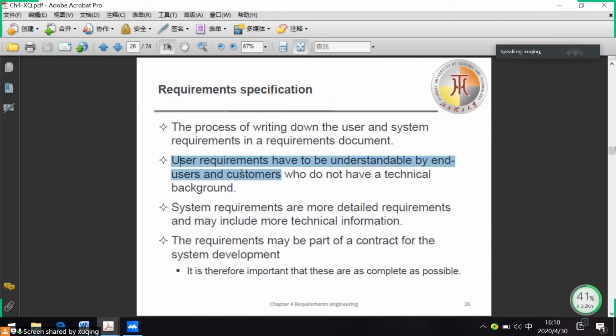User requirements have to be understandable by end users and customers who do not have a technical background. System requirements are more detailed requirements and may include more technical information. And you can detail them a little apart from these ones.